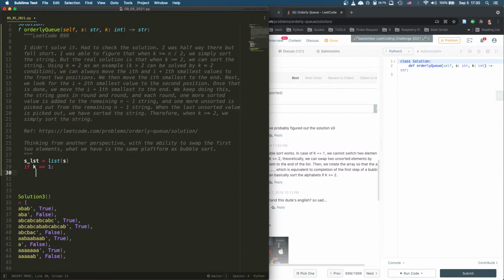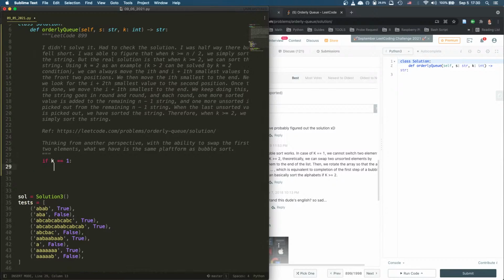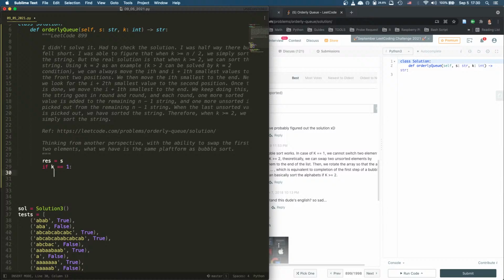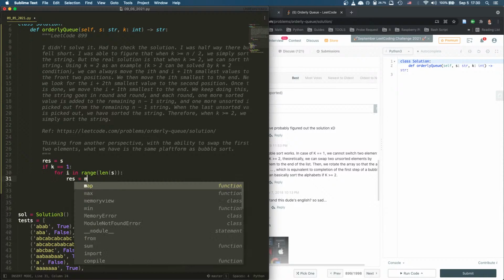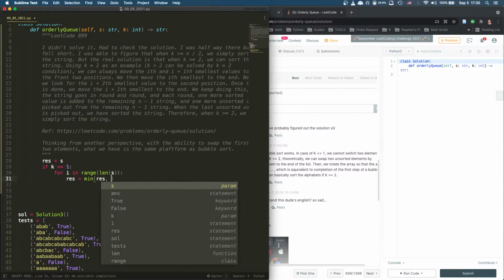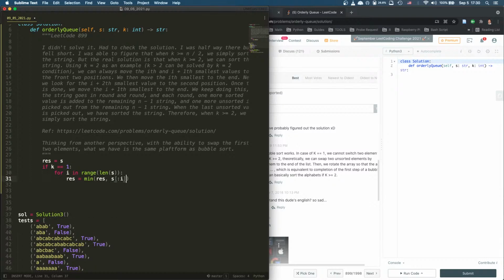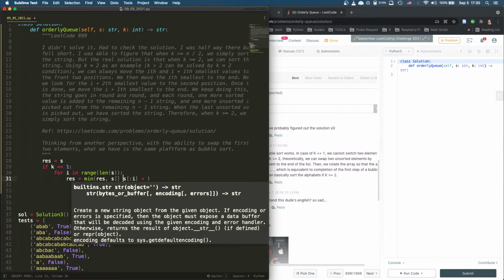I think it will be better if we use res equals s, and then for i in range len s, res equals min res, and then s from i to the end plus s from the start to i.